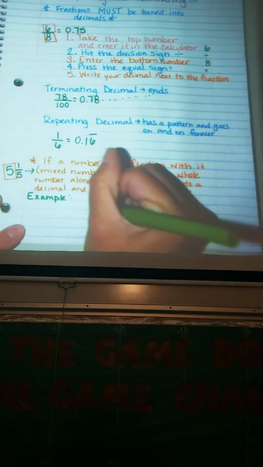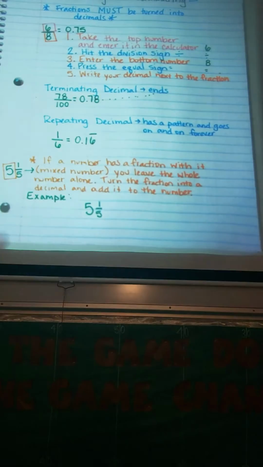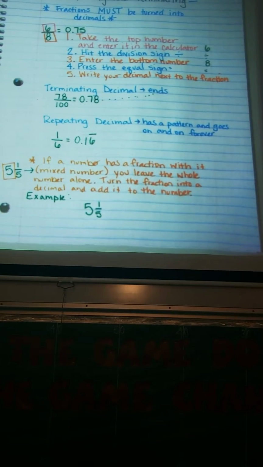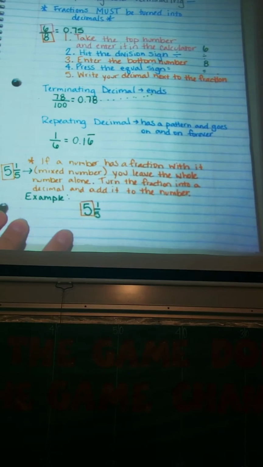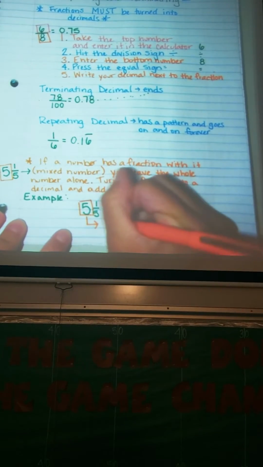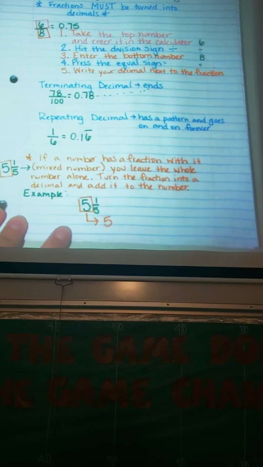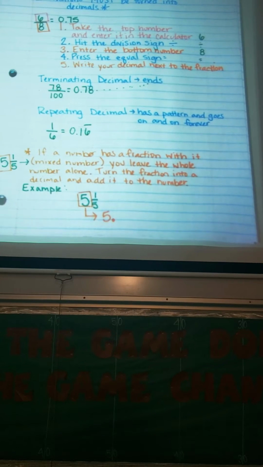I said we have 5 1/5. I am not touching that 5. That 5 is a whole number. I'm leaving it alone. In fact, I'm going to go ahead and rewrite it down here so it is ready. And then I'm going to put my decimal right there.